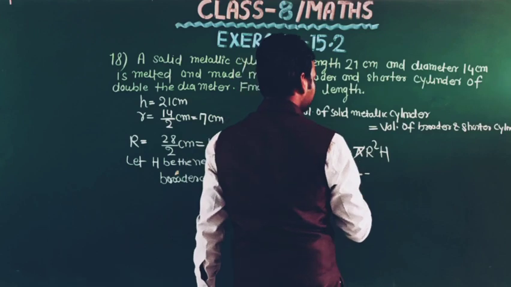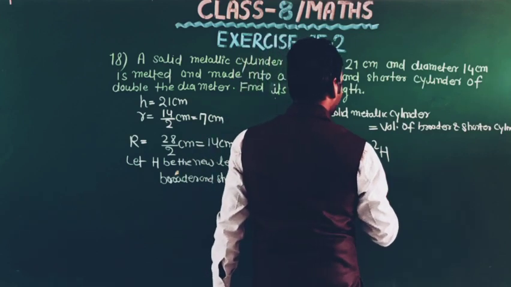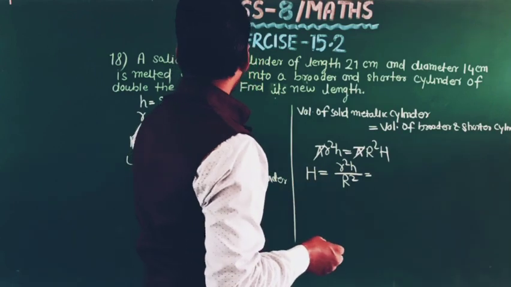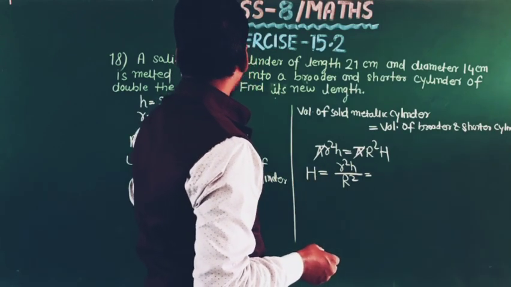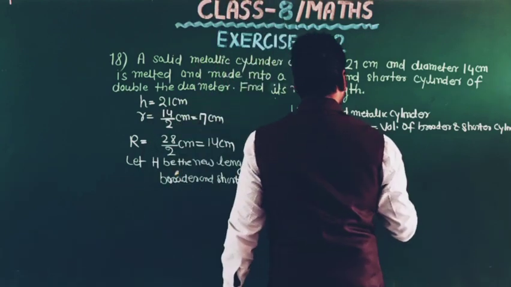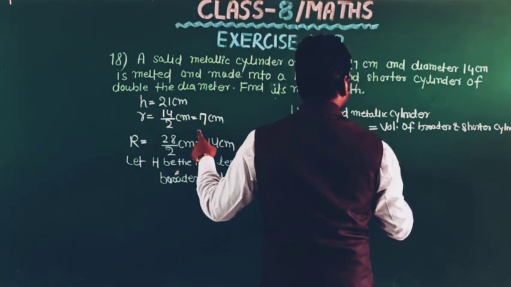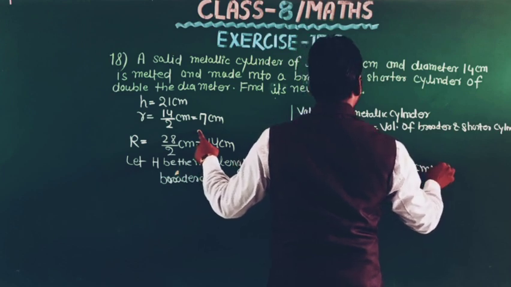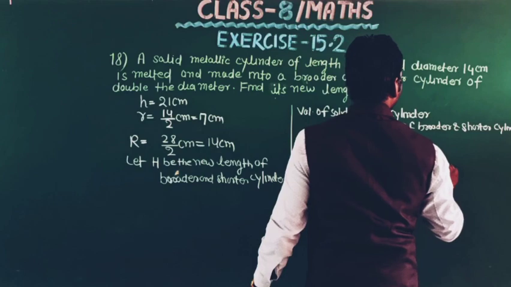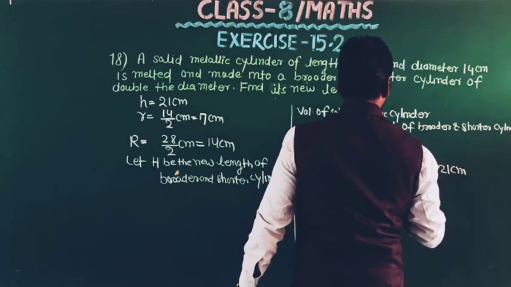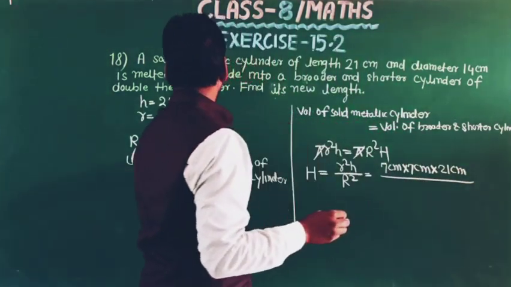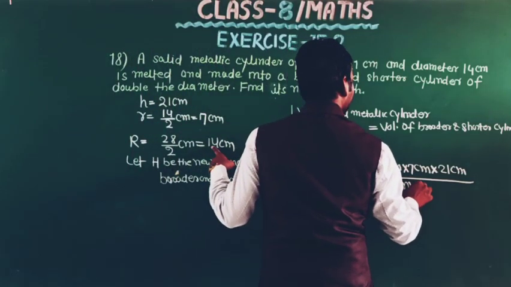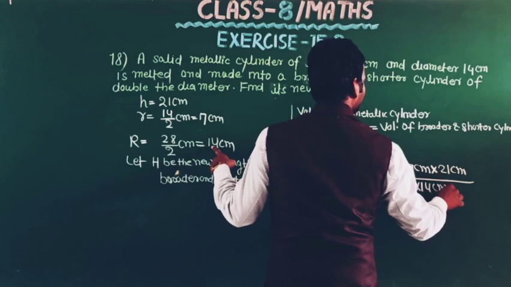Small r is 7 centimeter and height is 21 centimeter, divided by capital R, which is 14 centimeter into 14 centimeter.